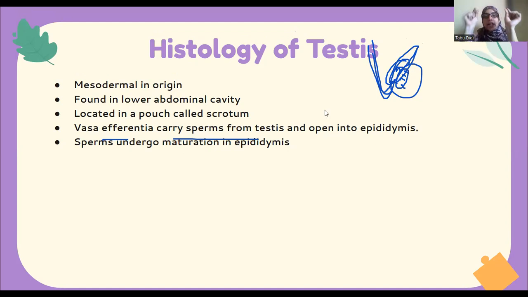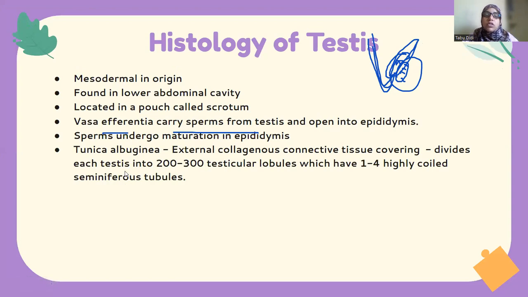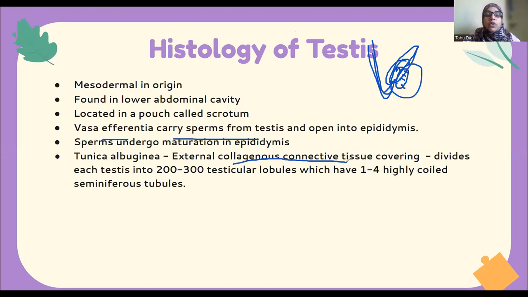Which are located like a cover on the testes. We also saw the covering of the testes, the tunica albuginea. It is made up of collagen connective tissue. Extra information: remember, we discussed connective tissues are of many types, like elastin, fibrous connective tissue, then you have collagen fibers, elastin fibers.